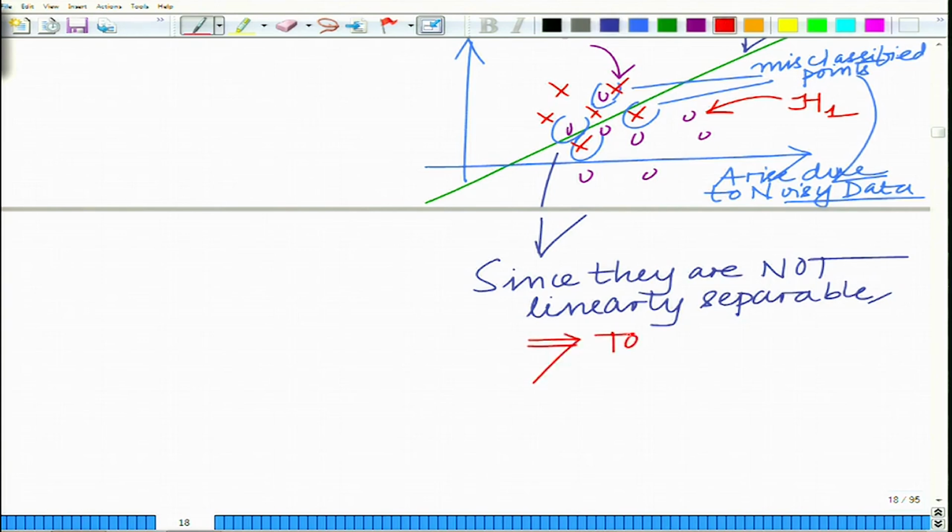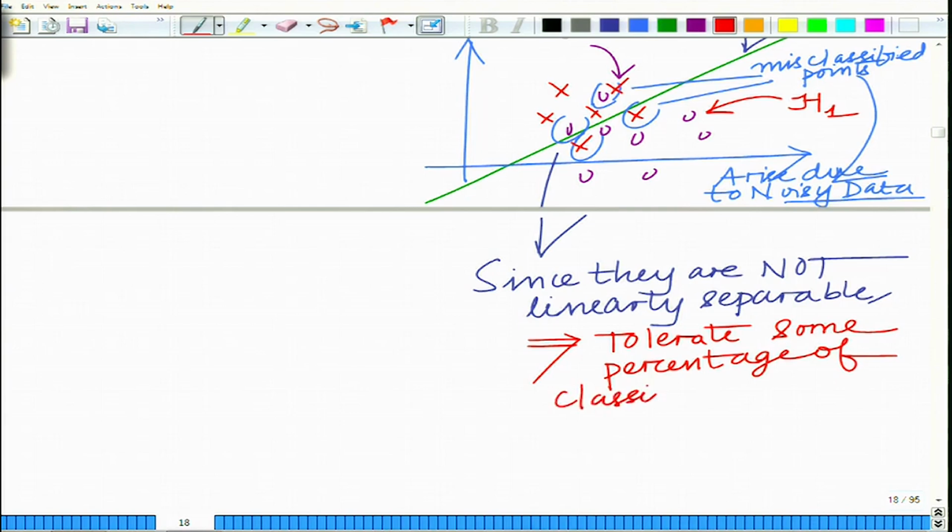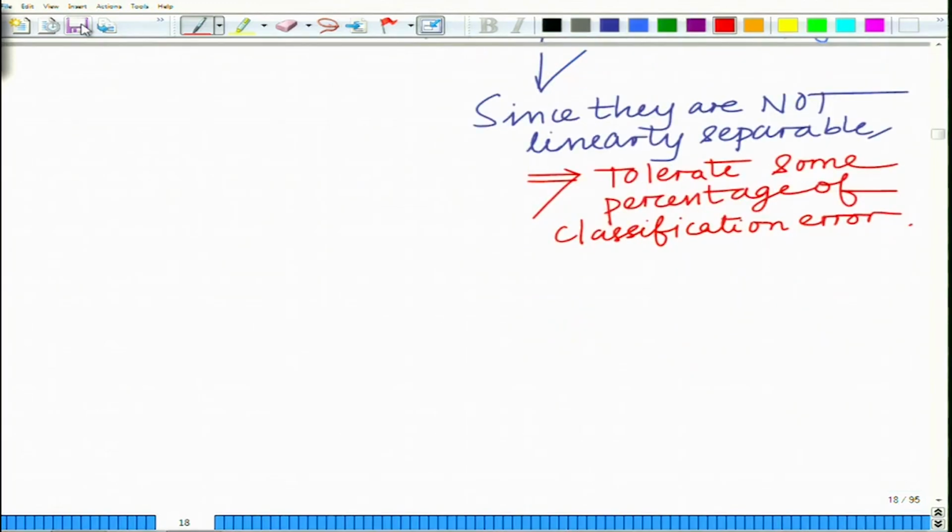this implies one has to tolerate some percent of classification error, alright, which means basically there is no exact classification or hard classification, which implies that our classifier is only going to be an approximate.